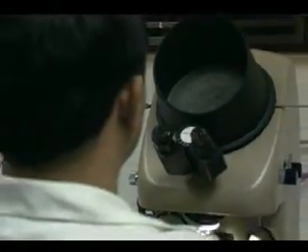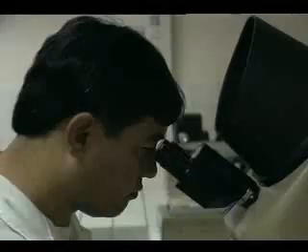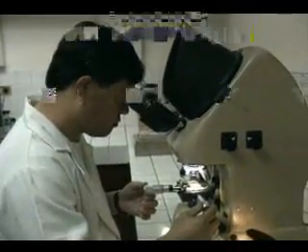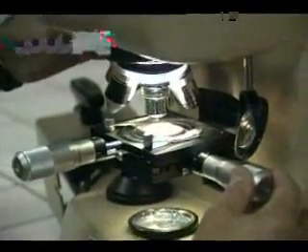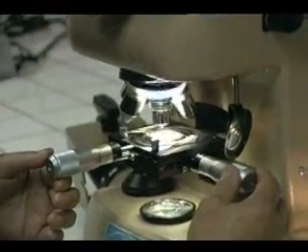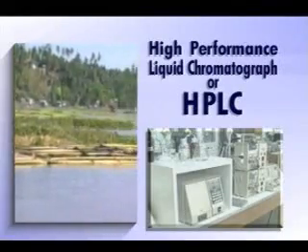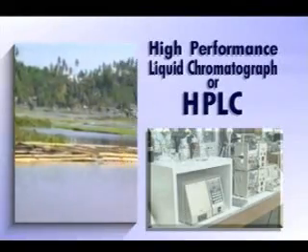These are the same questions chemists try to answer when analyzing substances. They search for the answers to these questions with the aid of many sensitive scientific instruments. Let's take a look at some of these. This is the high-performance liquid chromatograph, or HPLC.